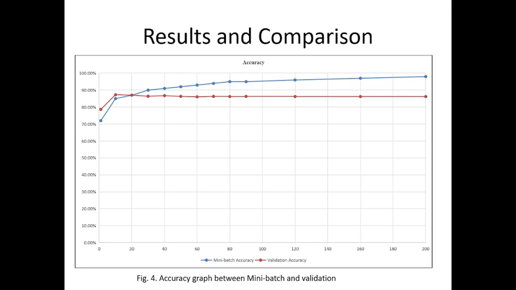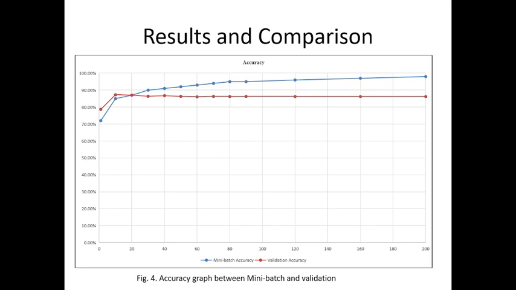The accuracy graph illustrates the changes in accuracy over mini batch iterations and validation steps, providing insights into the model's ability to classify data correctly. On the other hand, the loss graph depicts the variation in loss values during mini batch iterations and validation, indicating how well the model minimizes the errors.